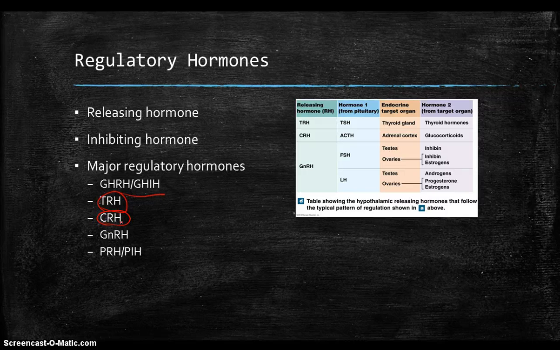Corticotropin releasing hormone works with the adrenal gland, the corticosteroids. GnRH is the gonadotropin releasing hormone. Gonads include the ovaries and the testes, and so this is being directed to the reproductive organs. Prolactin releasing hormone and prolactin inhibiting hormone work with the mammary glands in lactation.